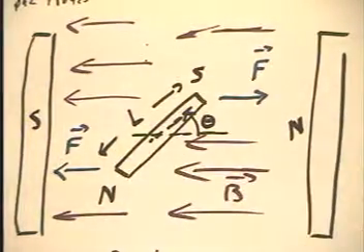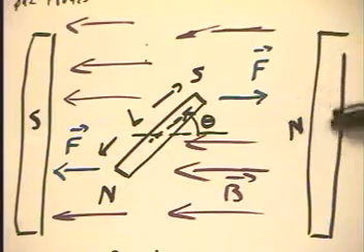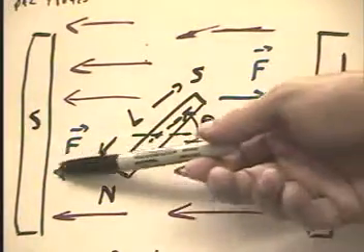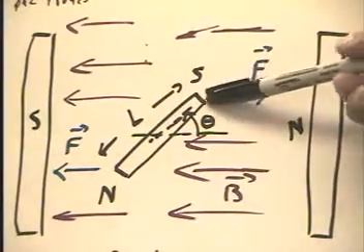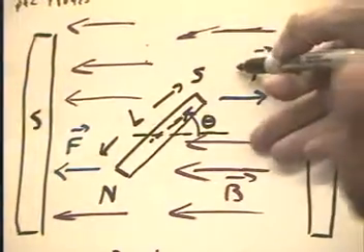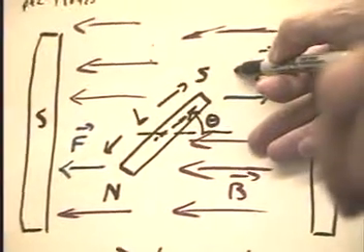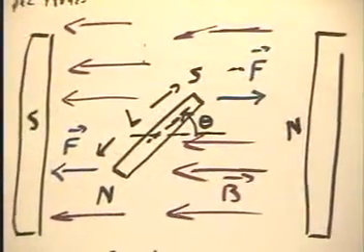The bar magnet has a north and a south pole. The north pole is repelled from the north pole of the larger magnet and experiences a force F in this direction. We experience a force F in the opposite direction, and really we should call this negative F, on the south pole of the bar magnet.